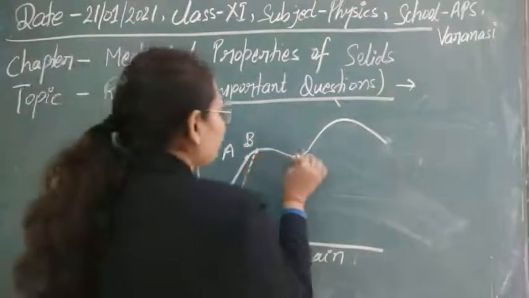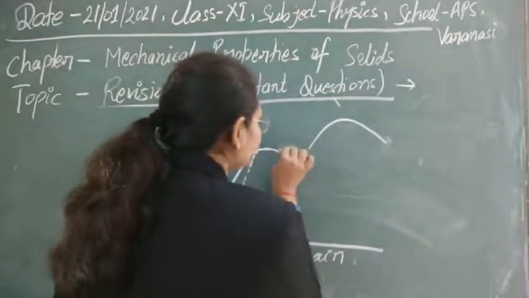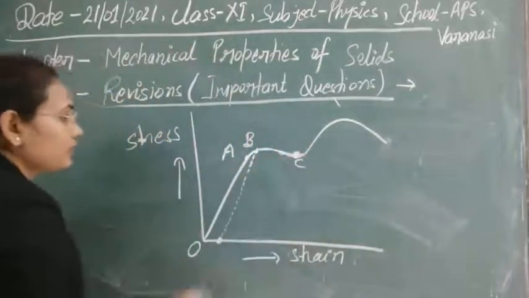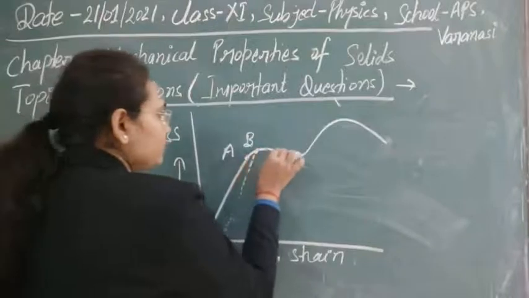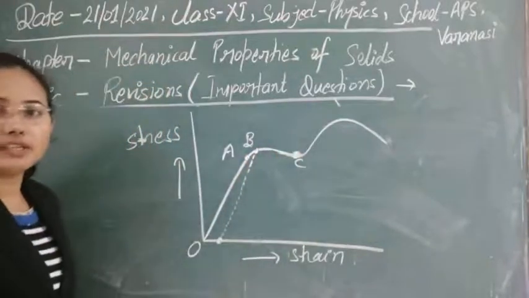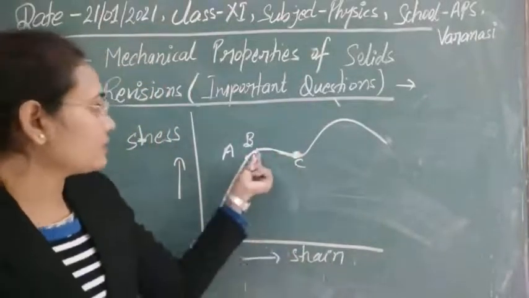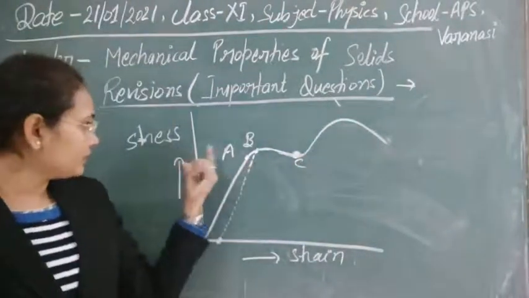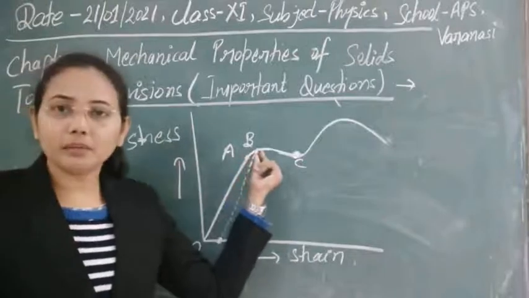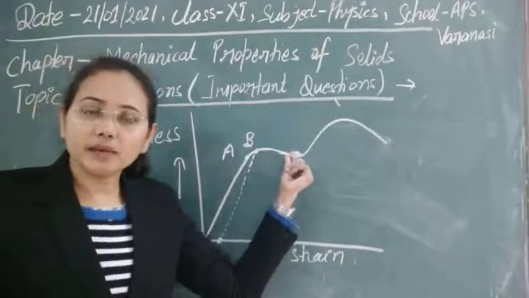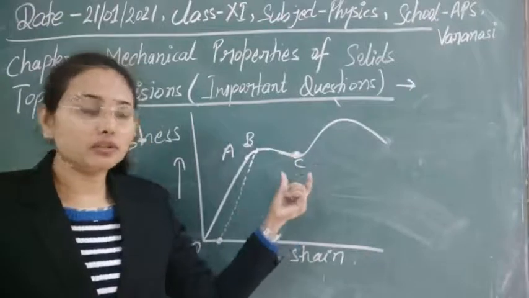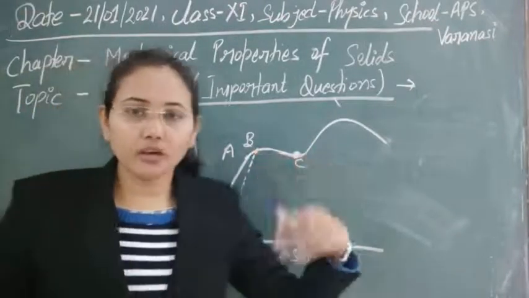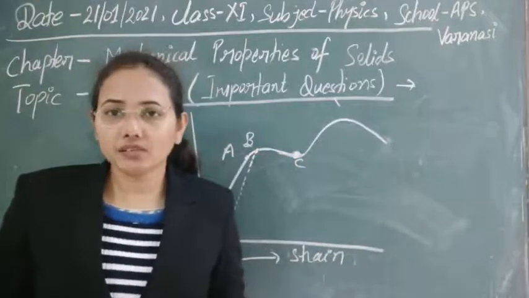Continuing, if we see here, this is the point, suppose C. In this curve, if we apply only a small stress or no stress, the body still starts to get deformed. After this point B, even if no stress is applied, the body gets a lot of strain. It means the body started to show plastic behavior.